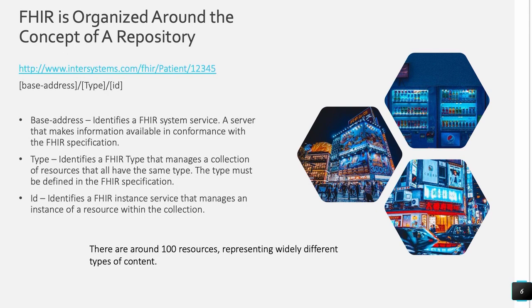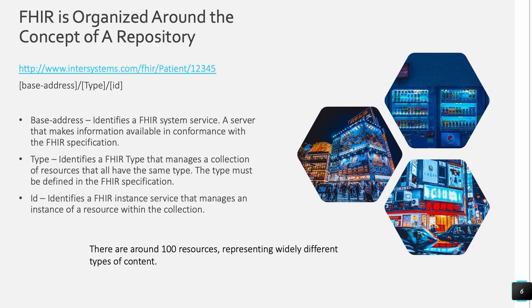FHIR is organized along the lines of the concept of a repository. So this is probably something that is familiar to any of you who've done anything with FHIR. You have a base address that identifies a FHIR system service, and then you have a type that describes mainly a FHIR resource and some kind of identifier.